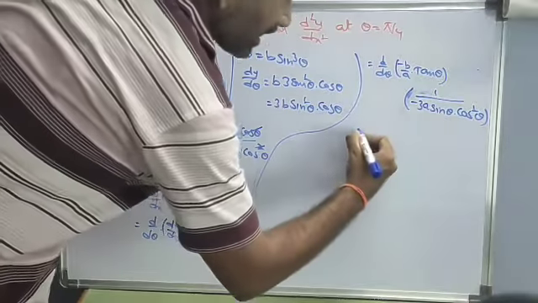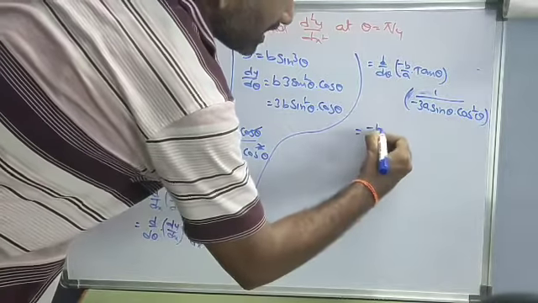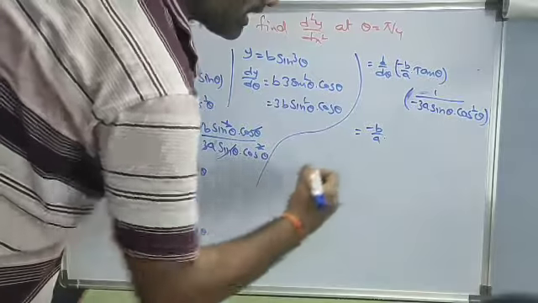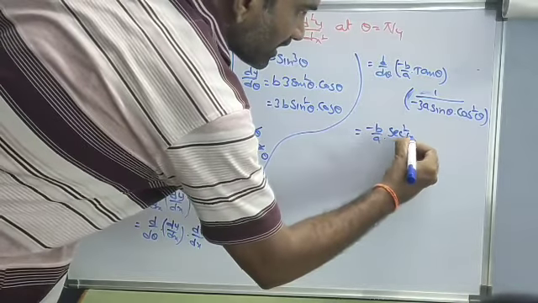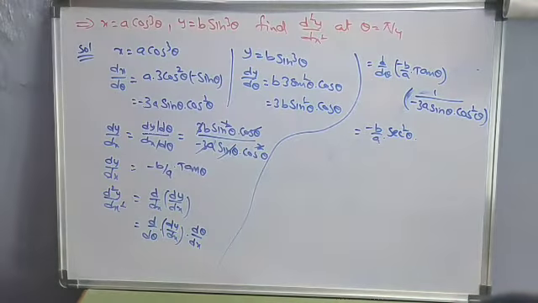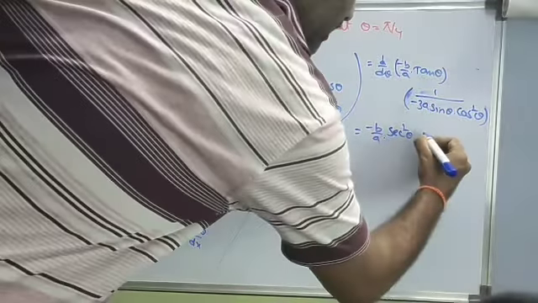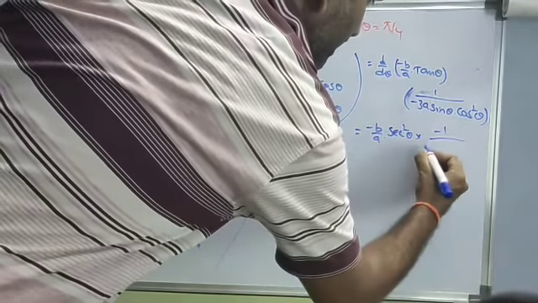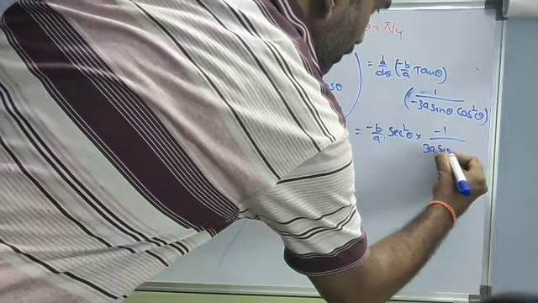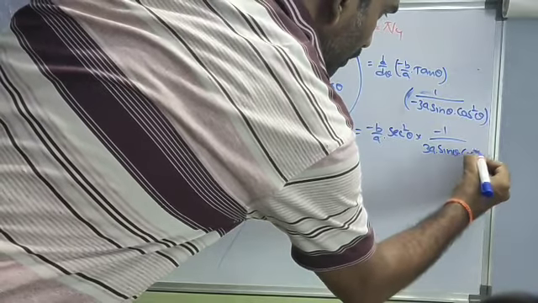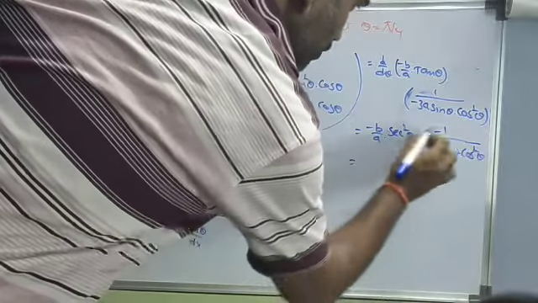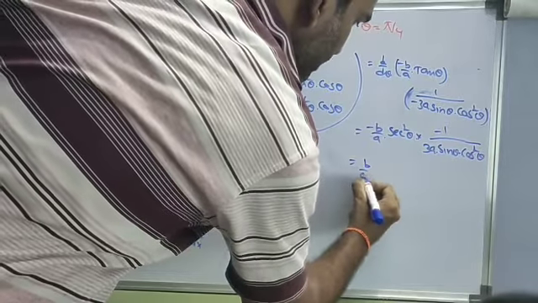So here minus b by a, tan theta differentiation is secant square theta, into minus 1 by 3a into sin theta into cos square theta. Minus into minus is plus, b by a secant square theta.